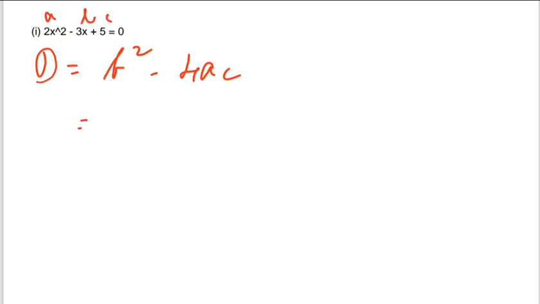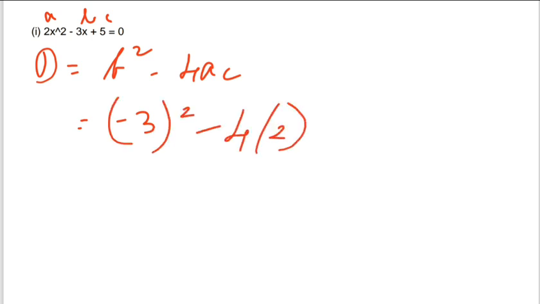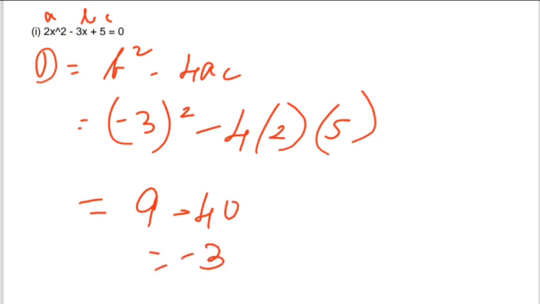So b square is minus 3 the whole square, minus 4 into 2 into 5. Minus 3 square is 9, minus 4 twos are 8, 8 fives are 40. So the answer will be minus 31. So the discriminant is equal to minus 31.